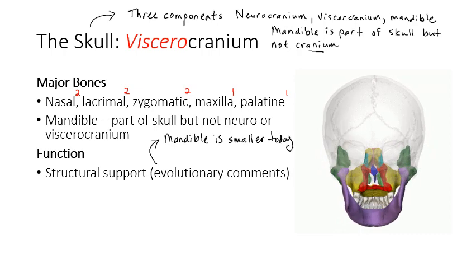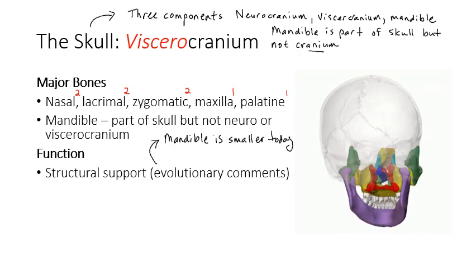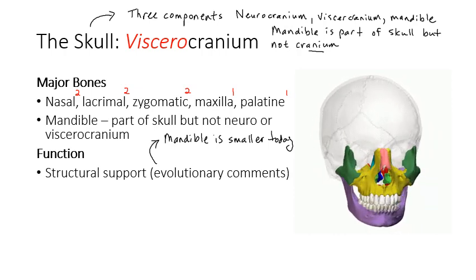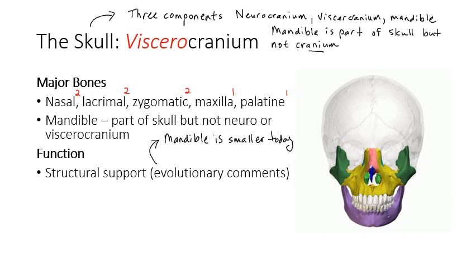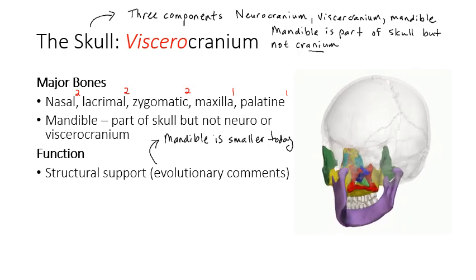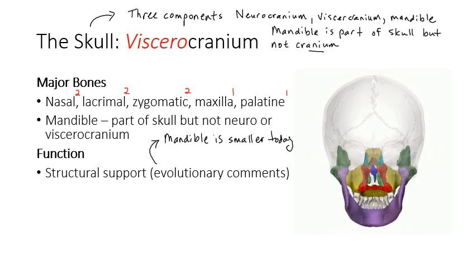So the mandible is smaller today. At one point in time, it was in fact much larger. We don't need the type of mandible that we had historically for mastication or chewing. So over time, a smaller jaw or a smaller mandible was selected for.